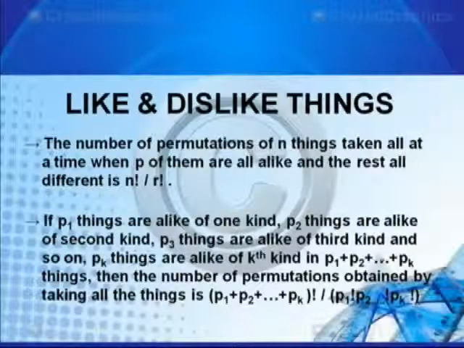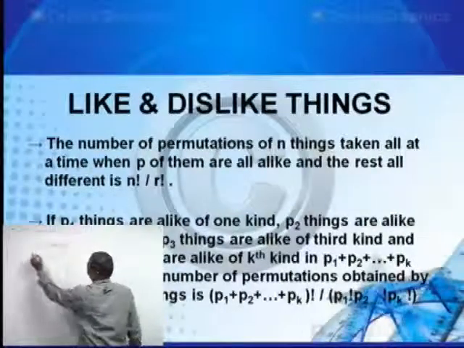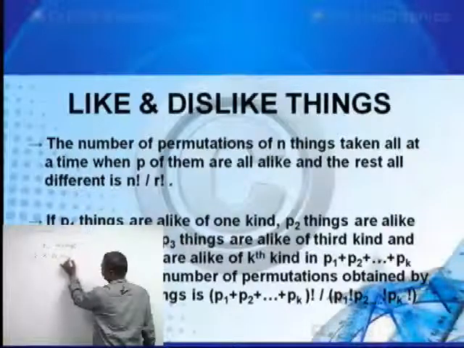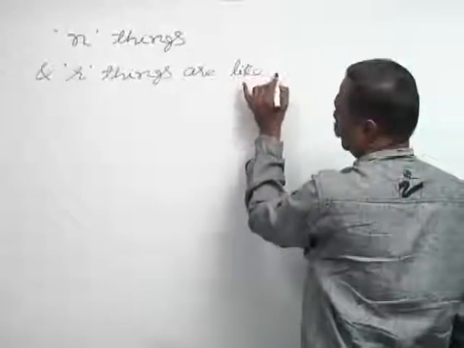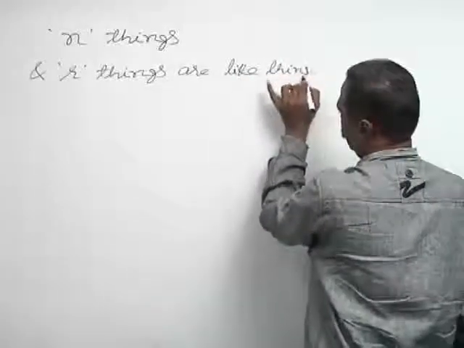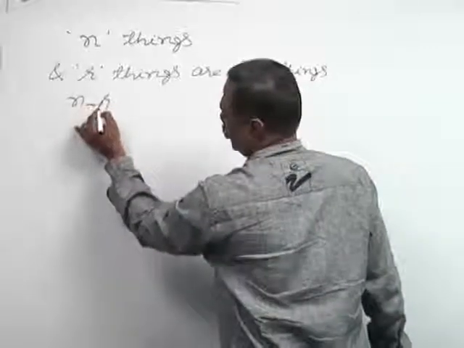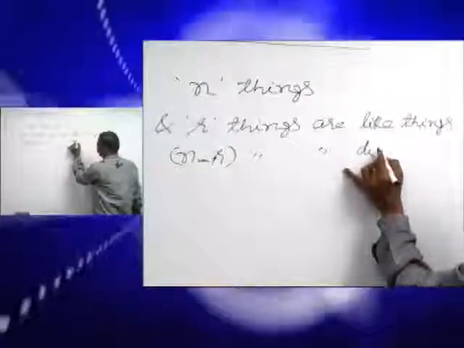Like and dislike things. What does it mean? There are n things, and r things are like things, and n minus r things are distinct things.